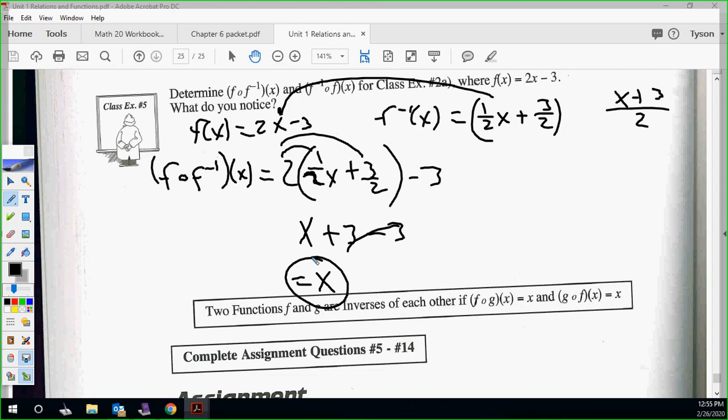Yeah, and we're going to do the reverse right now. If I do f of negative 1 of f of x, I'm putting this 2x minus 3 into that x now. So I'm going to go 1/2 times 2x minus 3, plus 3 over 2.